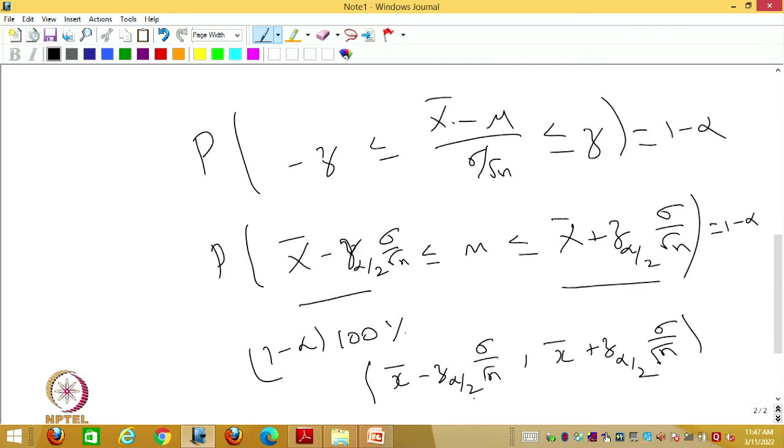Therefore, this interval is a random interval, even though you fix the alpha and other values, and this is the random interval for the unknown population mean mu with 1 minus alpha 100 percentage.